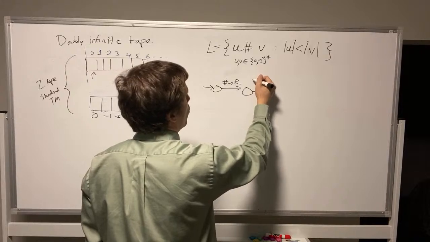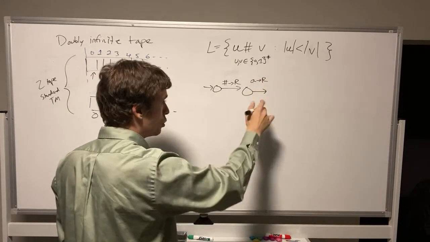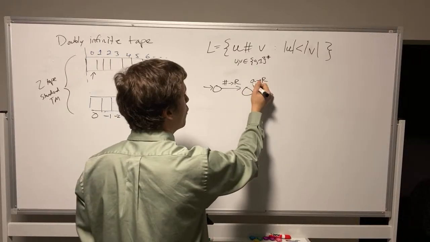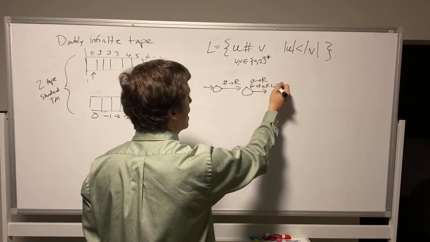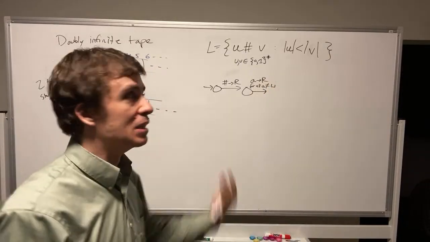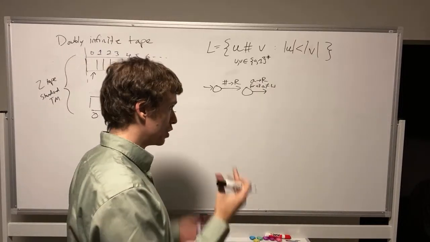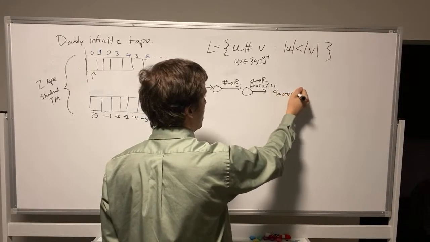The way I'm going to write this is A goes right for all A that are not the blank symbol. Because if we see a blank symbol, that means it's empty on the right side, which is not something we want. We would obviously go to Q except if that's the case.